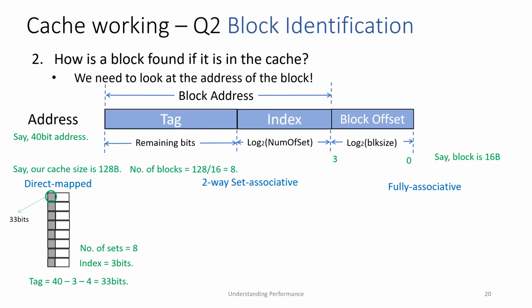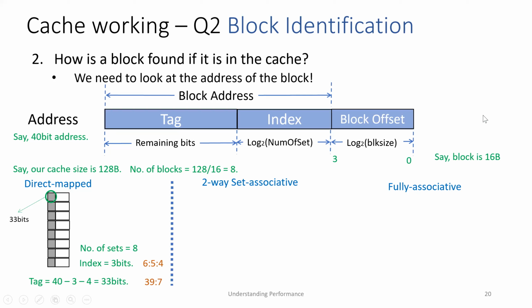In the tag array we store these 33 bits, and in the data array we store 16 bytes. This is the address split: bits 6, 5, 4 will be for index, and bit locations 39 through 7 will give us the tag.